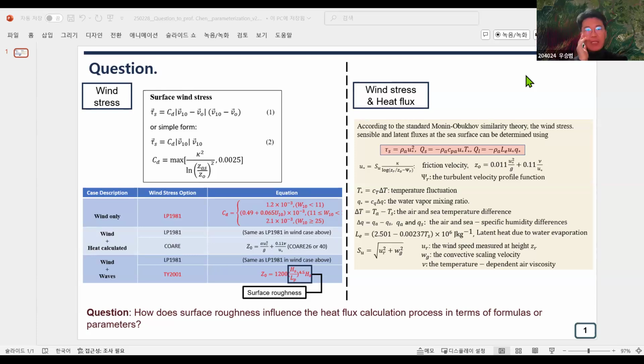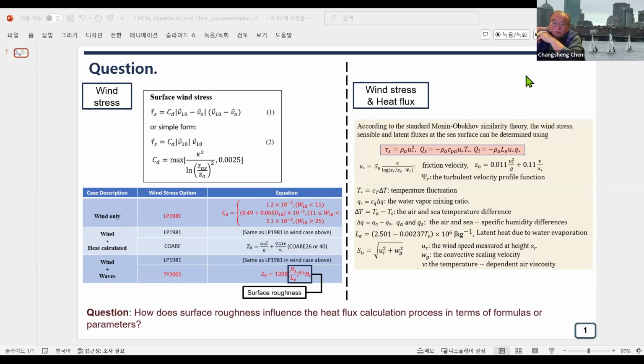So in other words, as Professor Chen pointed out, to update this core program to include the wave effect, the U star needs to be changed to include that wave effect. Is that right? That's something we should consider, because for the heat budget calculation, roughness can also change significantly, like the skin temperature or exchange heat budget.